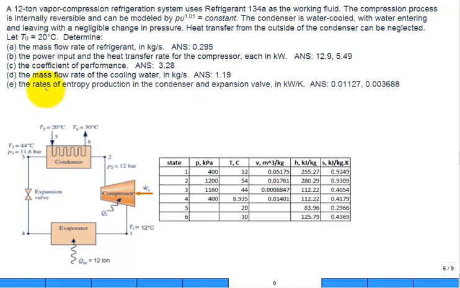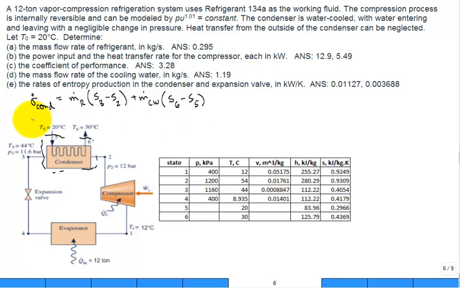Okay, what is the rate of entropy production in the condenser, and then do it for the expansion valve? Well, the same control volume for the condenser. And so our rate of entropy production in the condenser is equal to the mass flow rate of the refrigerant times the entropy leaving at 3 minus entropy inlet at 2, plus the mass flow rate of the cooling water times the entropy leaving at 6 minus the entropy in at 5.